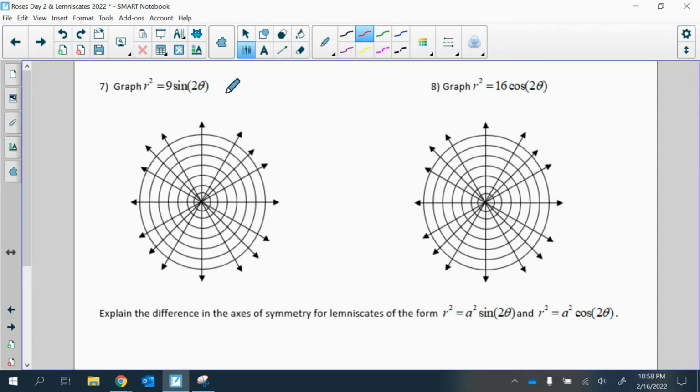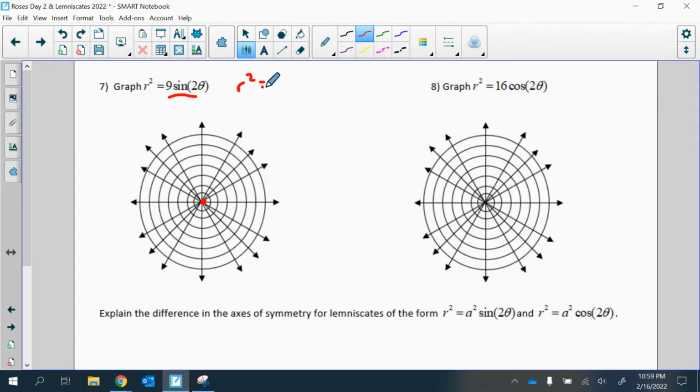So let's graph these two things really fast. If I have r squared equals 9 sine of 2 theta, and r squared equals 16 cosine of 2 theta, let's just think about what happens. Let's plug in some numbers. If I plug in theta equals 0, I would get 0. If I plug in theta equals pi over 4, this would be maximized, right?